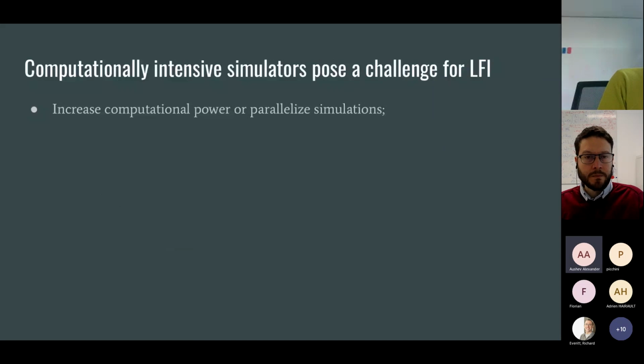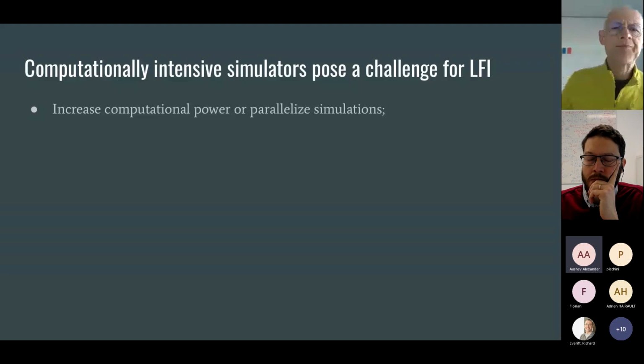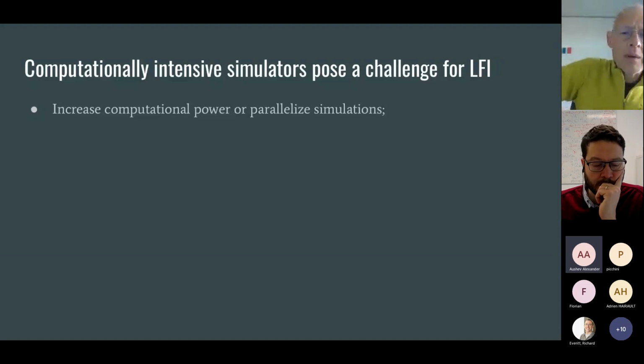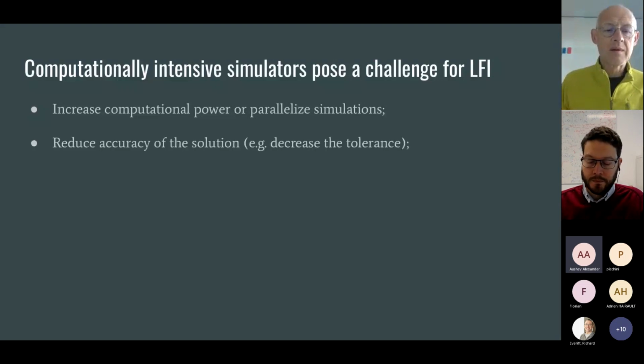There are several ways to tackle simulators that take a lot of time to compute. One way is to increase the processing power, or run simulations in parallel. A lot of the inference algorithms do that, and we will not cover this in this presentation.